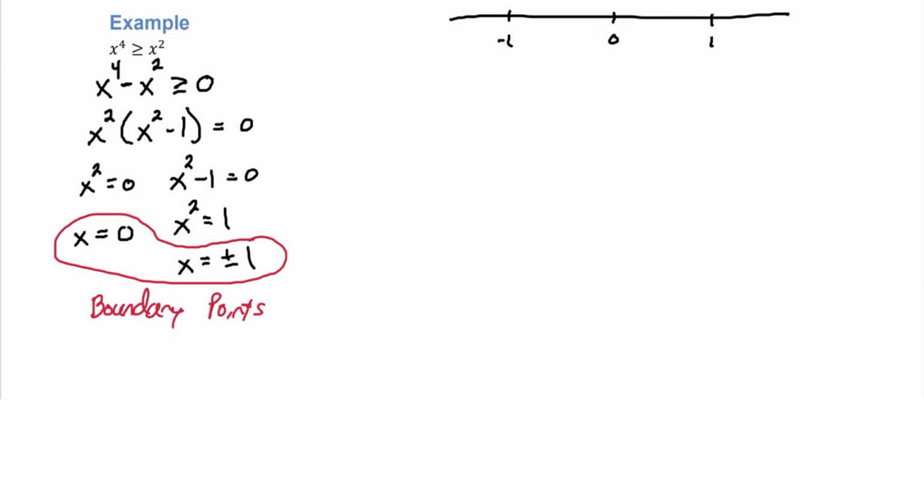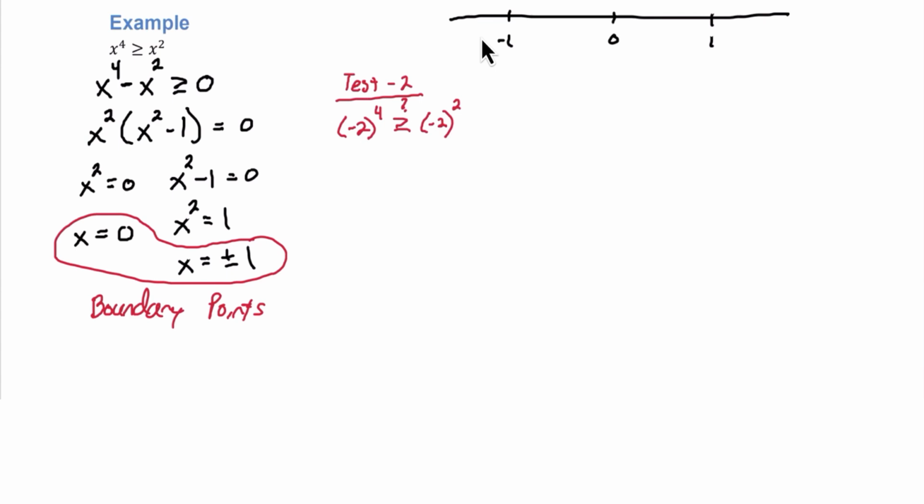So in the first interval on the left, we'll choose, say, -2. So let's test -2. And we'll test it in the original inequality. And we're asking, is this a true statement?